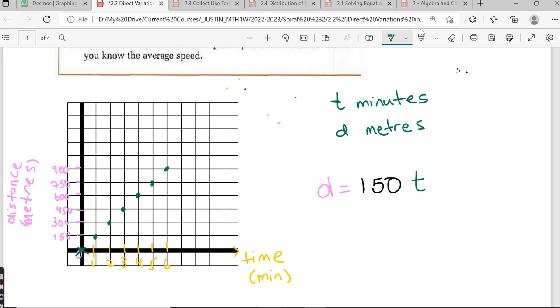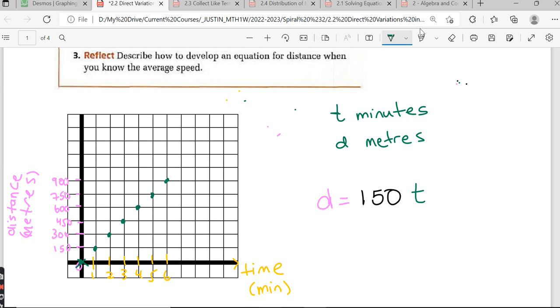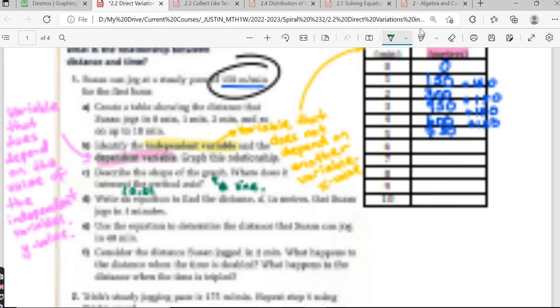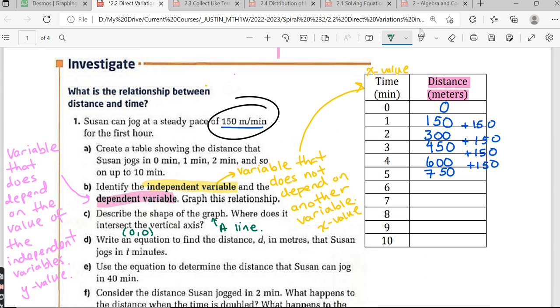Okay, let's see if this makes sense. So if t was 1, which means 1 minute, how far would we have traveled? Well, 1 times 150 is 150. Well, let's see if t was 2. If t was 2, 2 times 150 is 300, and we get a distance of 300. Okay? What if t was 5?